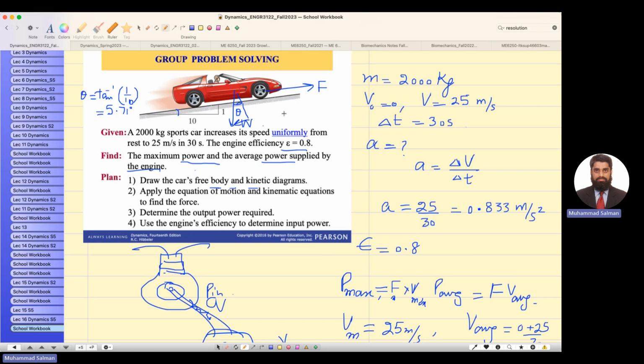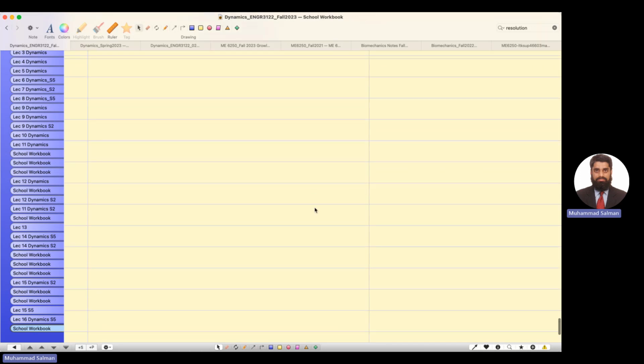So theta is given. Let me show you the free body diagram. We already drew the free body diagram. Let me show you the final one, if I complete Newton's second law. So this is the car. The weight is downward, and this component is responsible, and the driving force is in the direction of the velocity.